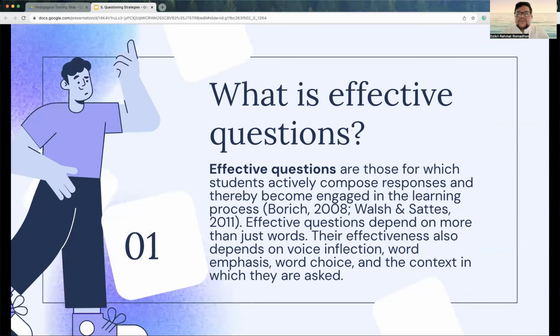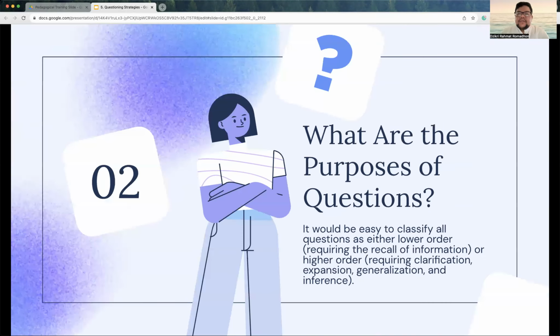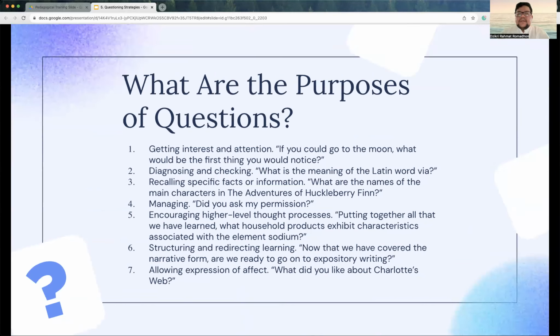And then we also defined what an effective question is, and we discussed the purposes of questions and what type of answer is expected from the student. At least there are 7 of them.